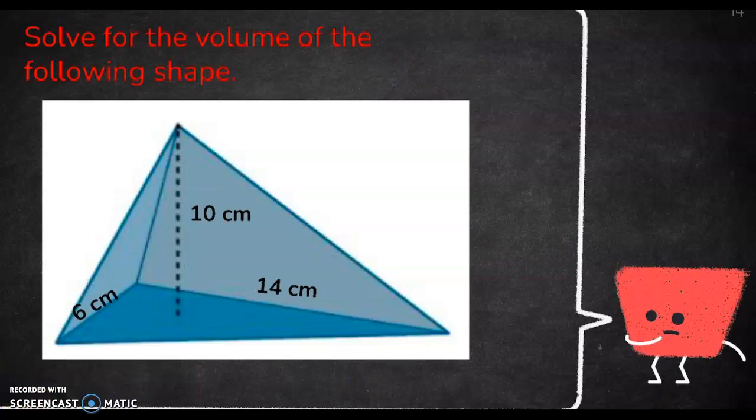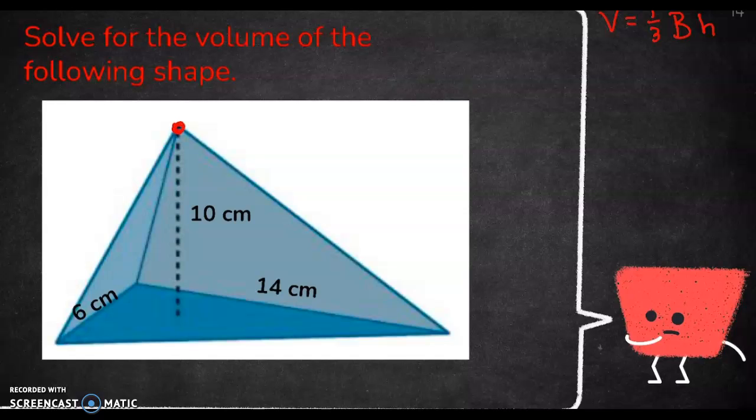And here's the first part that we're going to work on, okay? So I know that we are working on a triangular pyramid. So volume for a pyramid is equal to 1/3 capital B times height.